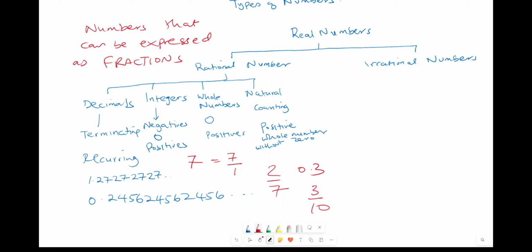But for this time, you simply need to know that numbers that can be expressed as fractions are rational numbers. So we have rational numbers, and we now have a detailed understanding of what rational numbers are.